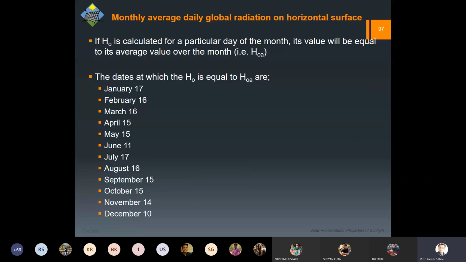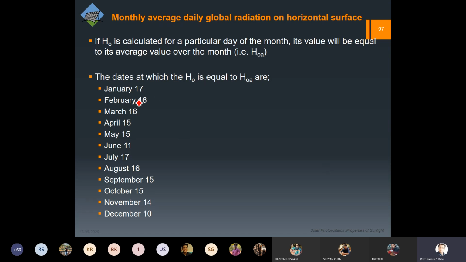Okay, fine. So now I told you that this is a monthly average daily global, right? So the point is average, obviously what we think, 30 days a month. So on the 15th day of the month, we are going to take the average. But then again, people have done some calculations, and they see that these days are not exactly when we have to take the average; the 15th or 16th cannot be the day.